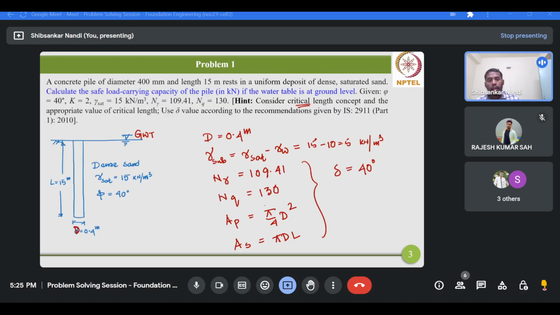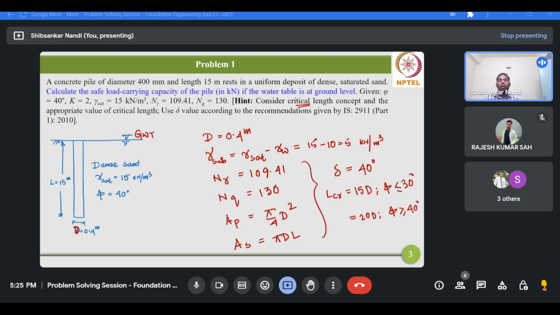So L critical would be 15 times the pile diameter when phi is less than or equal to 30 degree, and 20 times the pile diameter if phi is greater than or equal to 40 degree.